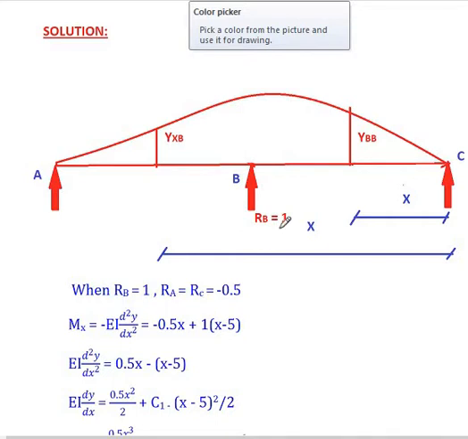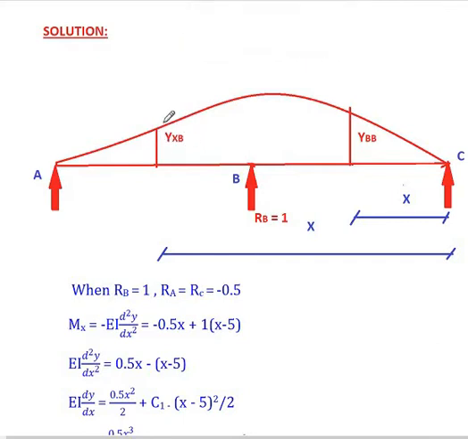Determine the general deflection yxb at any x, and then find the deflection ybb at B. Next, divide the deflection yxb by ybb, which is the influence line ordinate at any x.